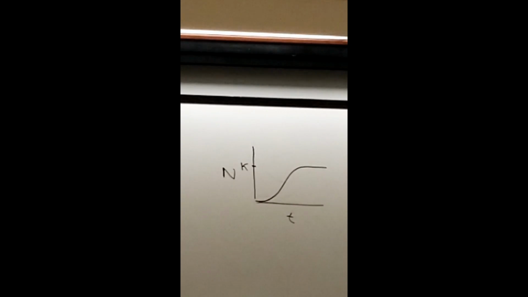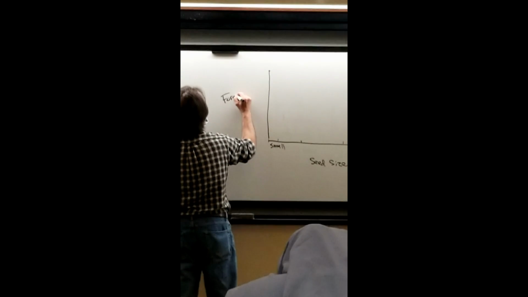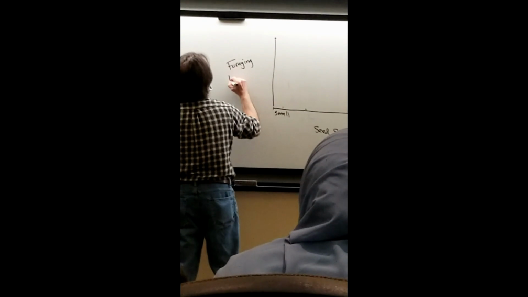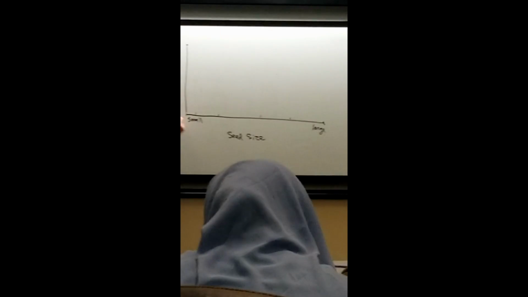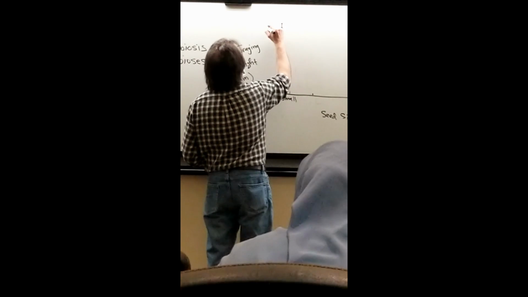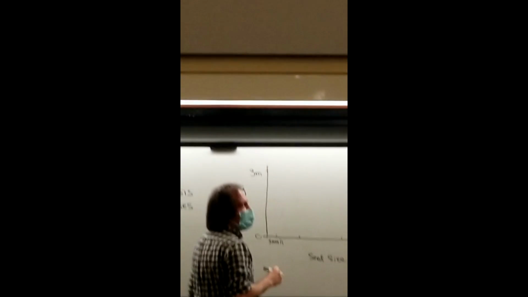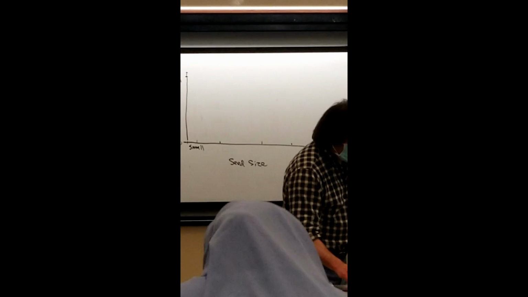So if you need practice, just practice it. I'll help you. This is here, and this is foraging height. Put it in meters. So 0 is our seeds on the ground, and let's say up to about 3 meters. So we're in a shrubby area, in the understory under a forest, or in a shrubland.